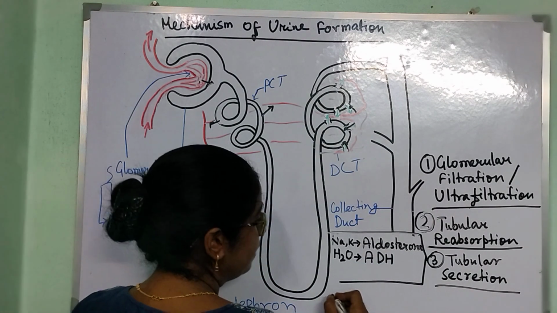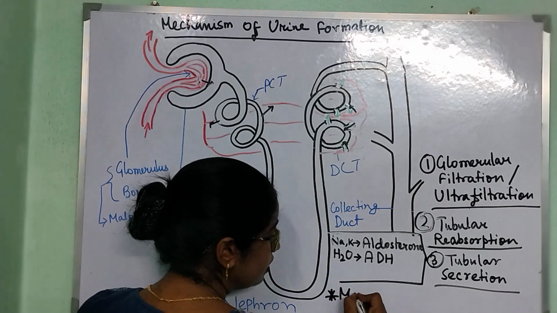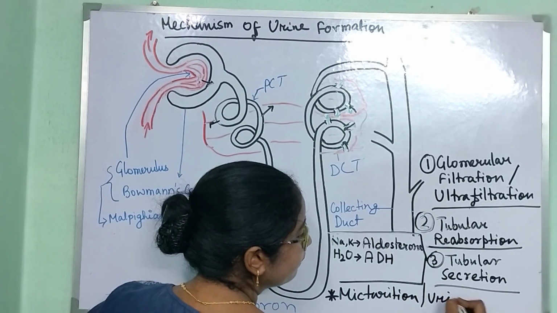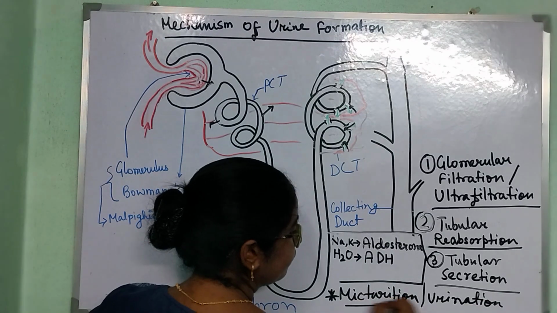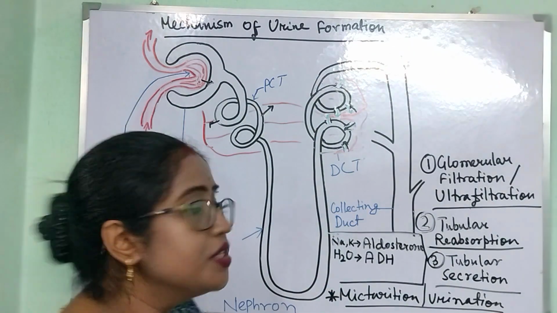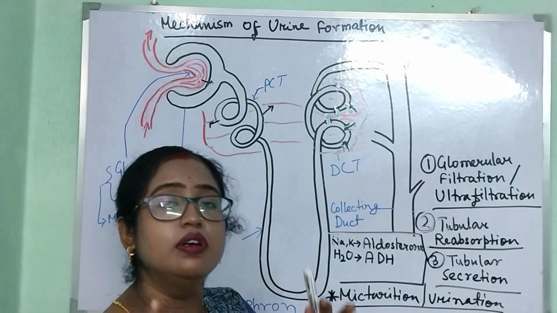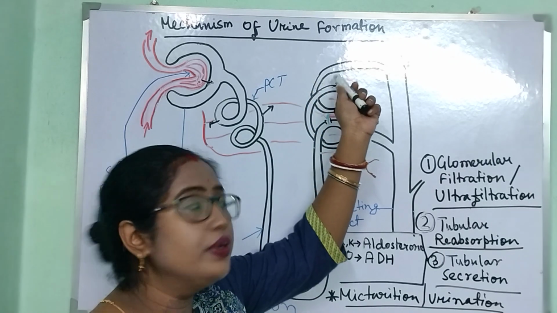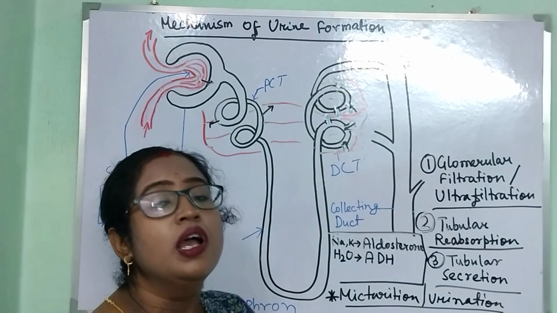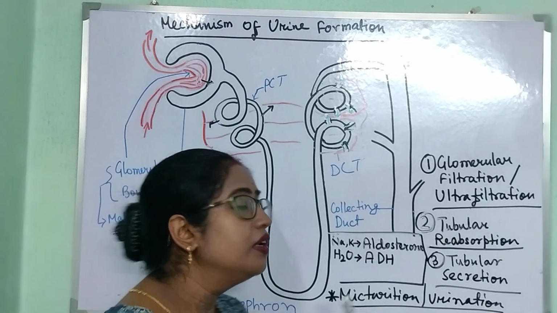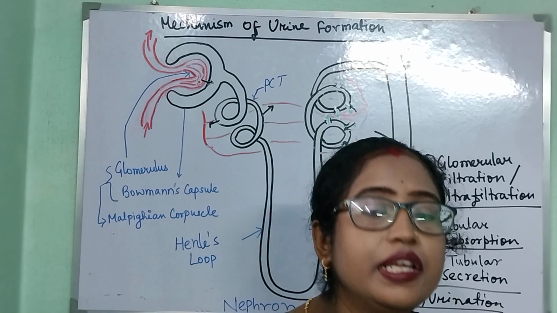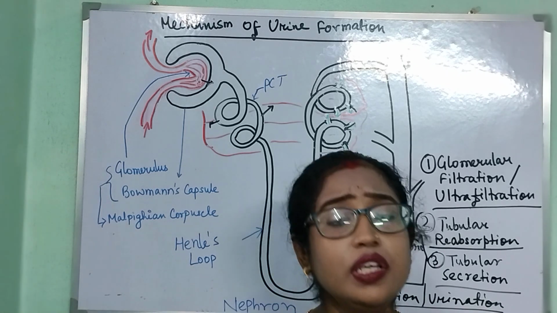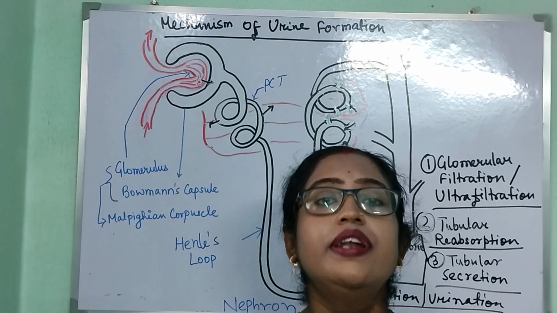After tubular secretion occurs, the final tubular fluid present in the DCT, known as urine, is poured into the collecting duct, and the collecting duct forms the duct of Bellini and drains its content into the ureter.